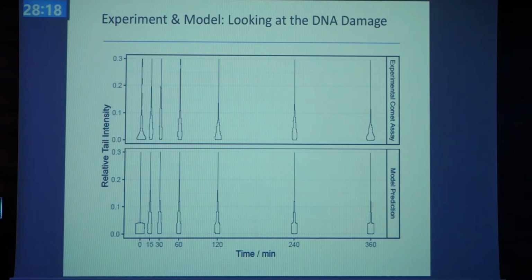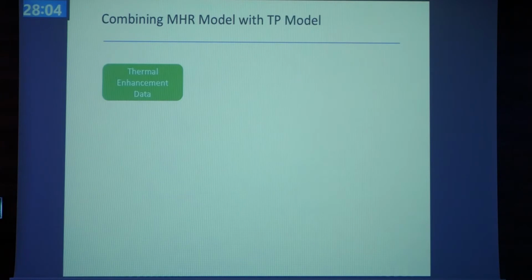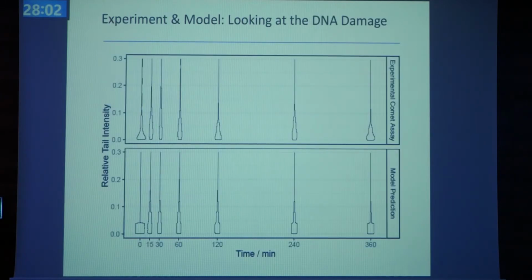We now have the opportunity to compare a synthetic comet assay, which is predicted from the model, with the biological data. By comparing the distributions, we get much more insight into the full dynamics of the system. If you want to learn more about that, Matthias Weiland has his talk tomorrow afternoon in session 3.